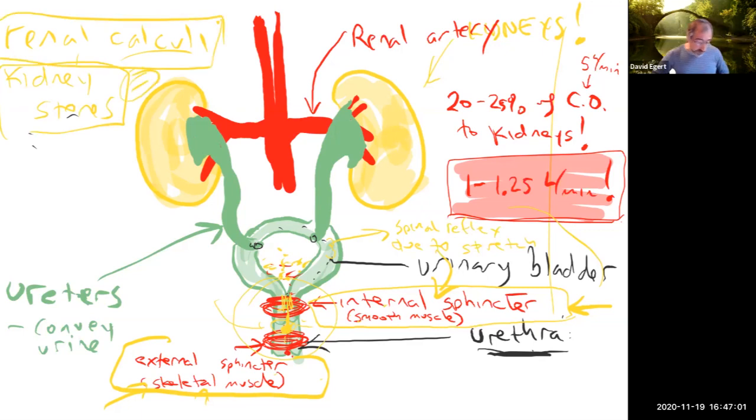Again, by definition, this happens when things precipitate in the urine. Like if you have very high levels of different minerals. What kind of things can you get? You can get calcium crystals, magnesium crystals, uric acid crystals. There's all sorts of different things that can start precipitating.